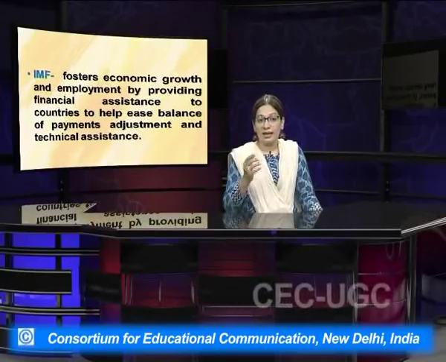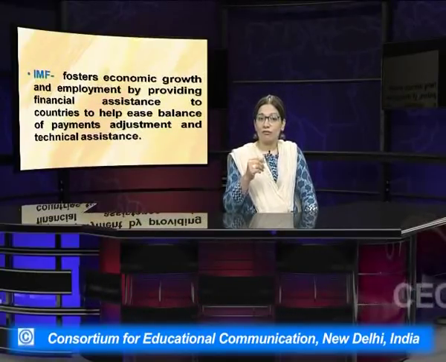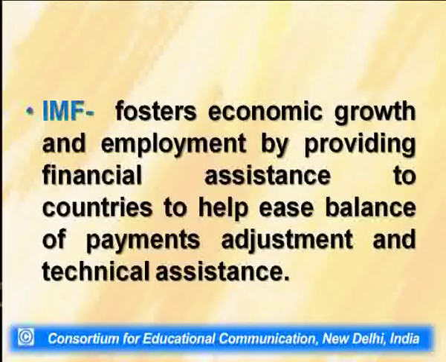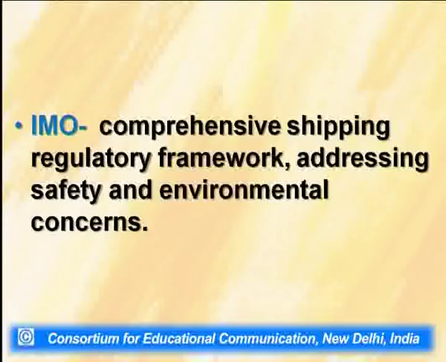We have the IMF, International Monetary Fund. It aims to foster economic growth and employment by providing financial assistance to countries to help ease balance of payments adjustment and technical assistance. We have the IMO, International Maritime Organization, that aims to provide a comprehensive shipping regulatory framework addressing safety and environmental concerns.